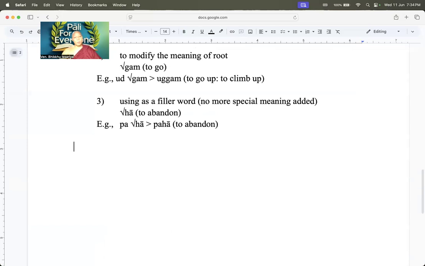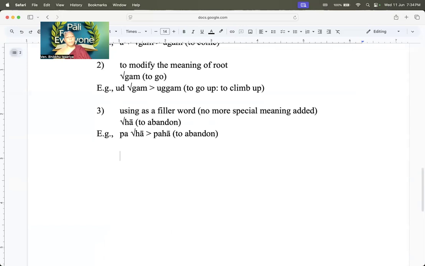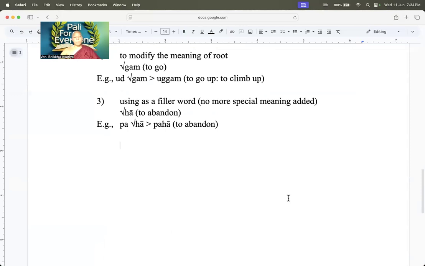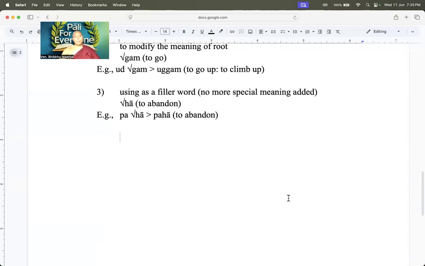So the present verb system is, to the base, the basic formula for forming the verb.